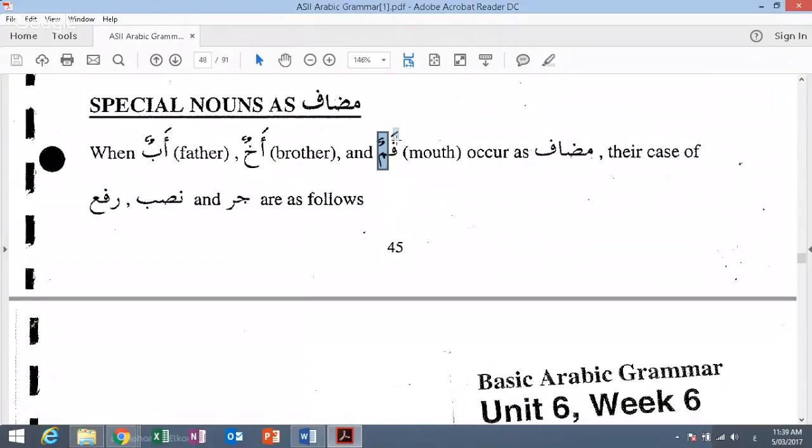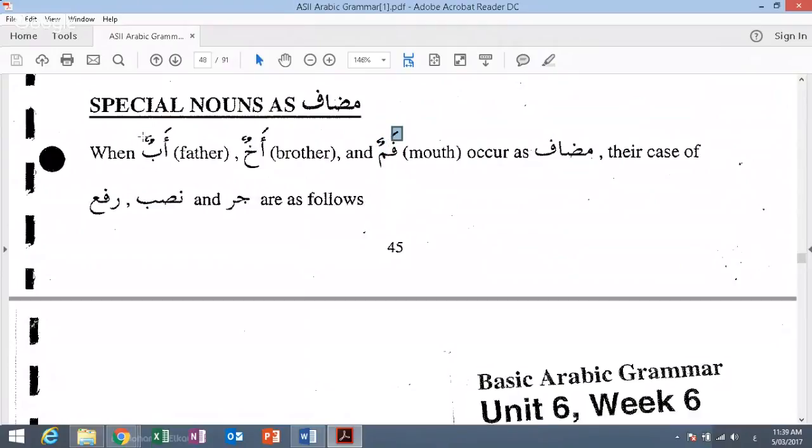So in Rafi'i case, that will be fu. Fa with Dhamma, fu. That will be fu in Rafi'i case. Hamid's mouth. Fu Hamidin. Fu Khalidin. Fu Zaidin. You understand this? So this is Rafi'i case, when mudaf is in a Rafi'i case.